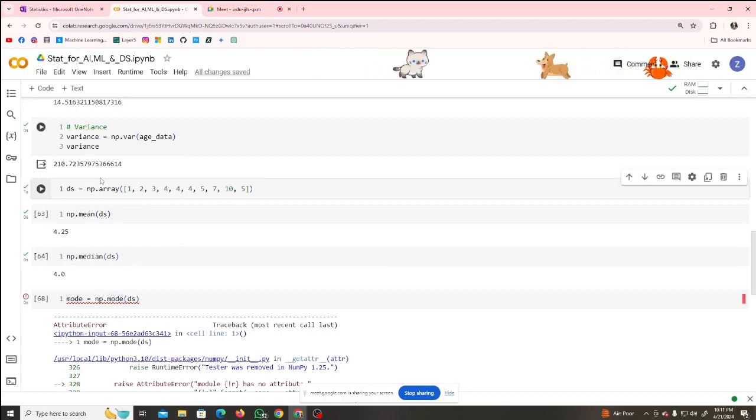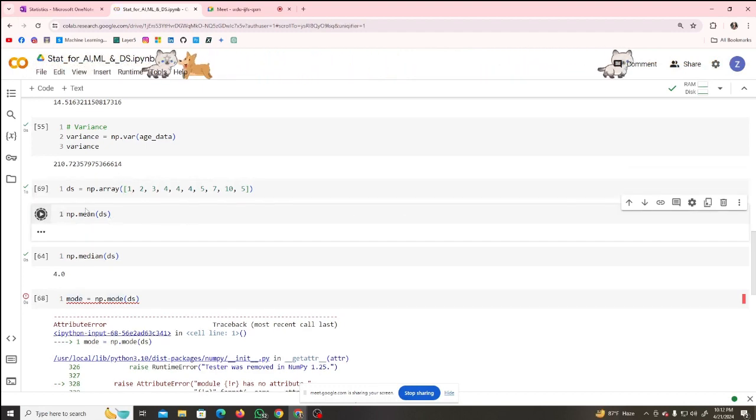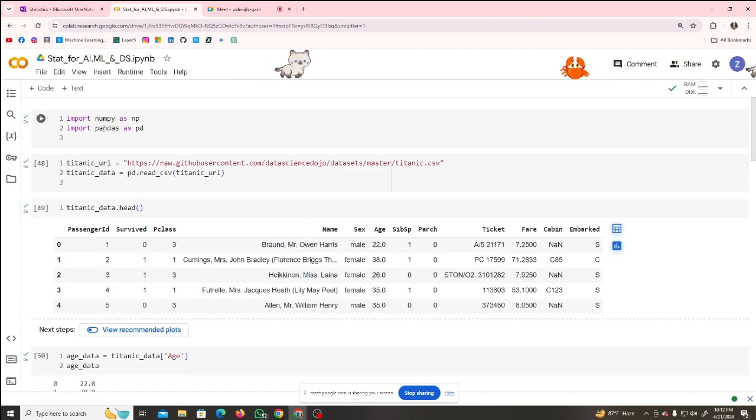So you can see in this dataset, they are the same values that we have just written, and then we are calculating the mean here. So to calculate mean, you just have to write np, which stands for NumPy. You can see we have written import numpy as np.